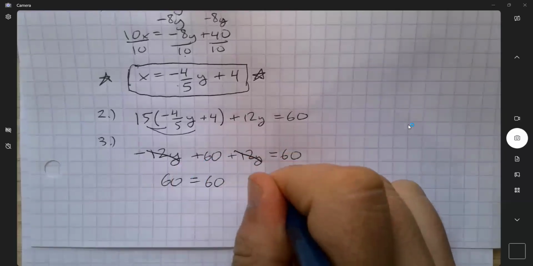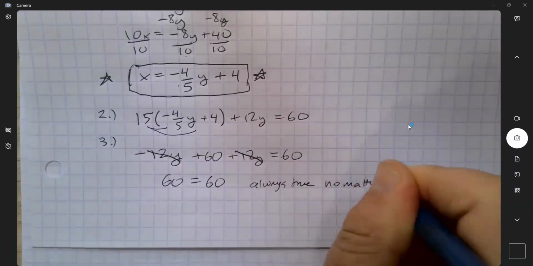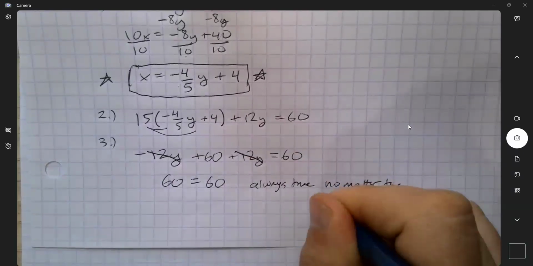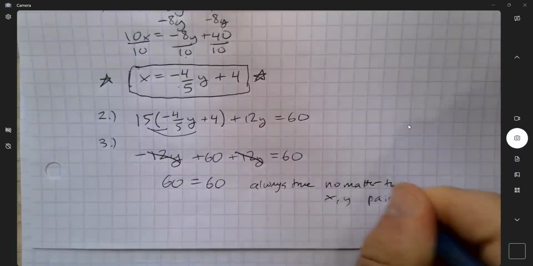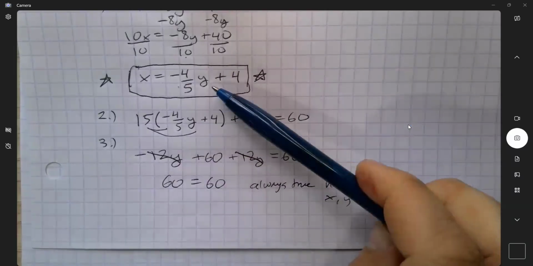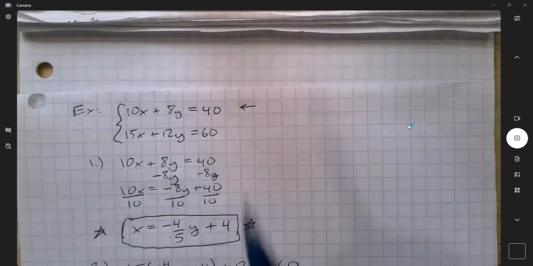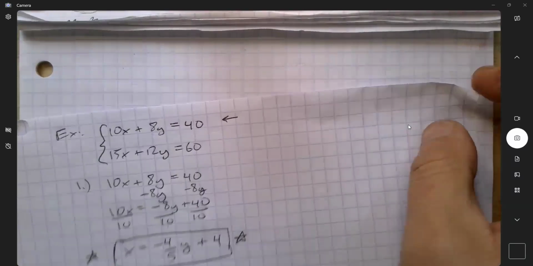And this is always true, no matter the XY pair. So if I can solve one of these equations, I am guaranteed to solve the other equation. Therefore, there are infinite solutions.